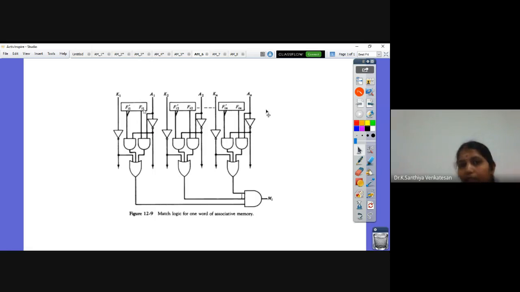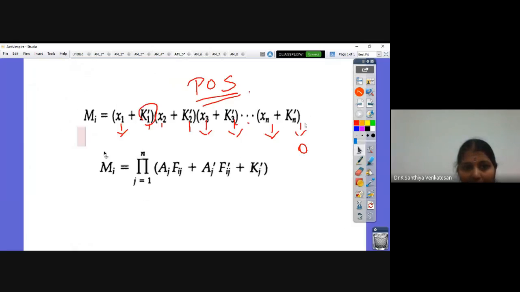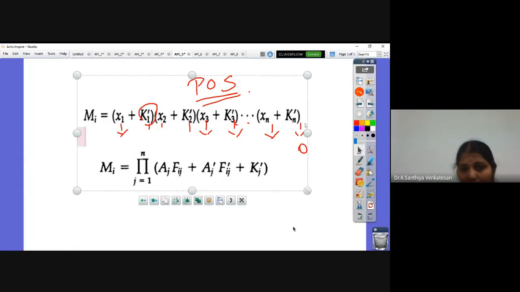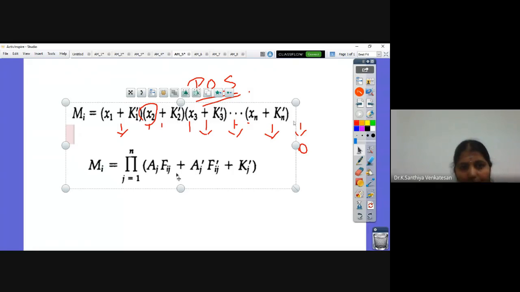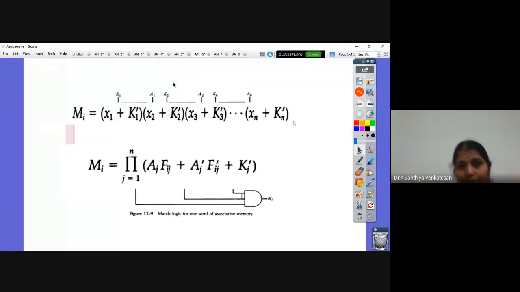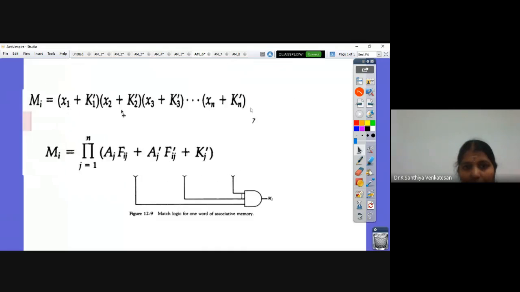Okay, so this is the circuit diagram which is given in your book. The same diagram I have taken here. So we'll have that expression also. Okay.